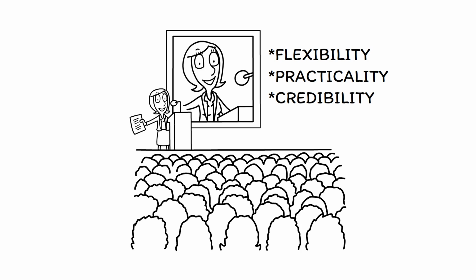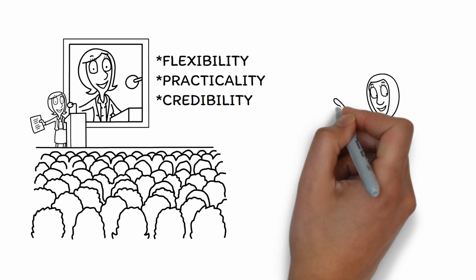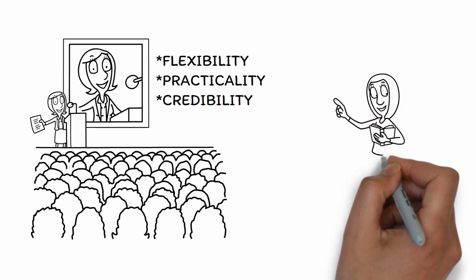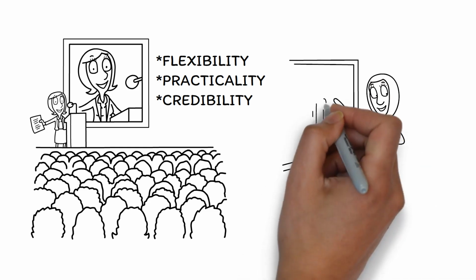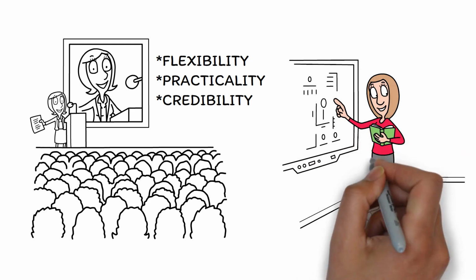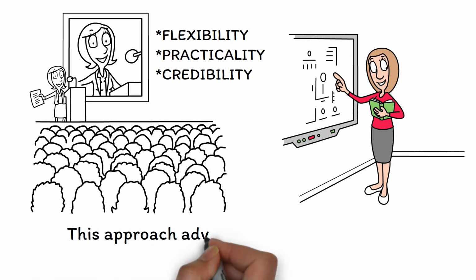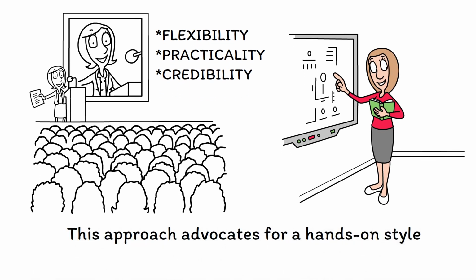Moreover, it is evident that altering followers' styles is not a consideration within this approach, highlighting the focus on adapting leadership behaviors rather than attempting to change the inherent characteristics of followers. In practical scenarios, such as managing inexperienced employees, this approach advocates for a hands-on style, emphasizing direction and support tailored to the follower's development level.